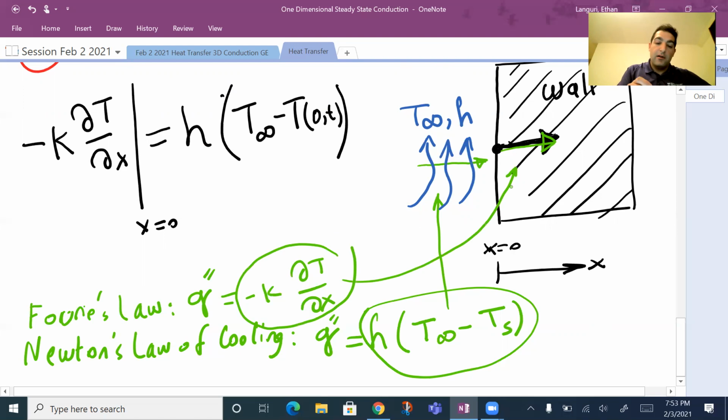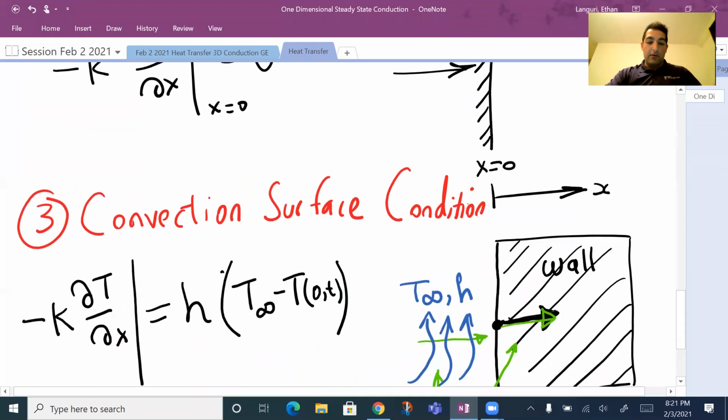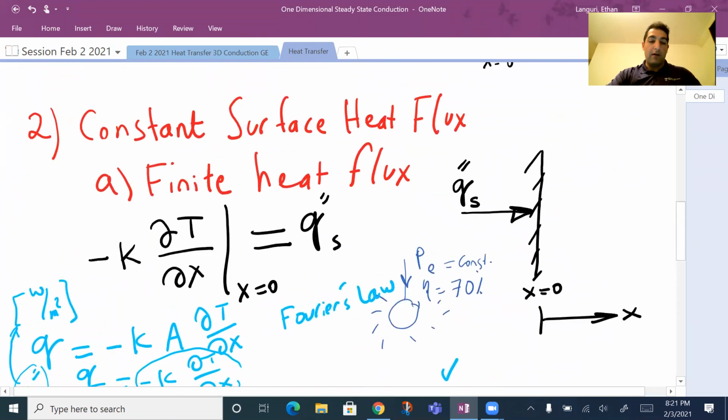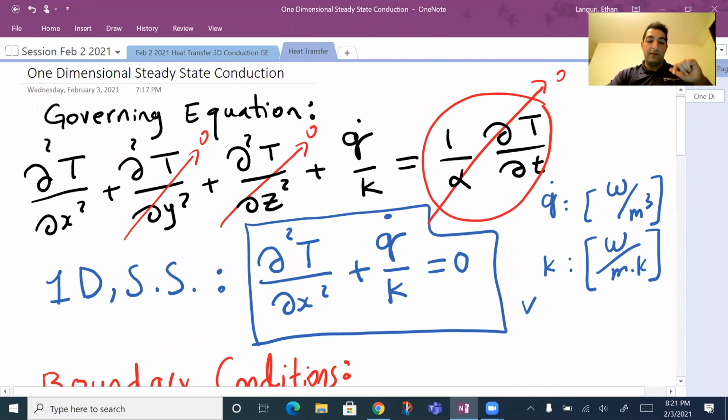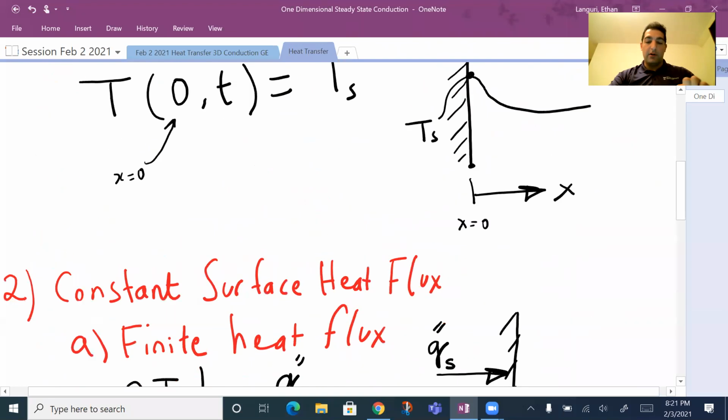So this way, we have this boundary condition as shown here. Well, now with the knowledge of boundary conditions, let's go back and try to solve the governing equation, which we have here for 1D steady state conduction, the one in the box. So let's go ahead and solve it.